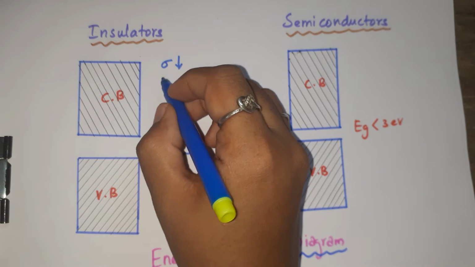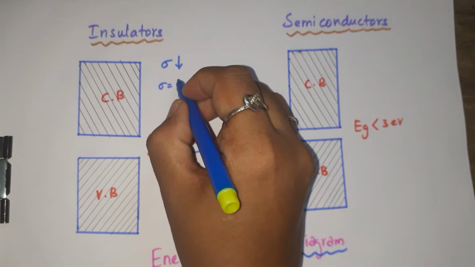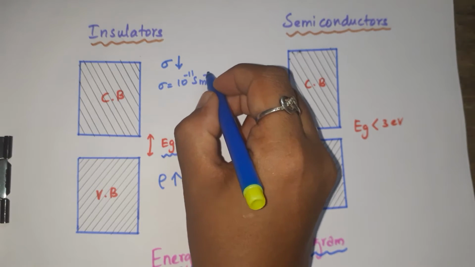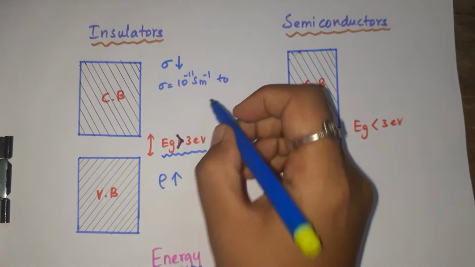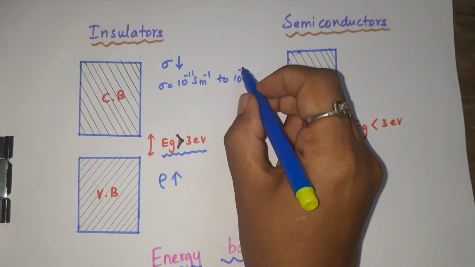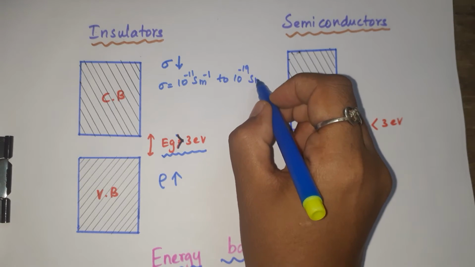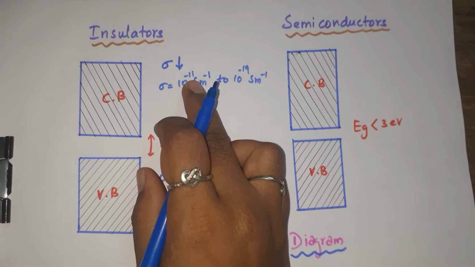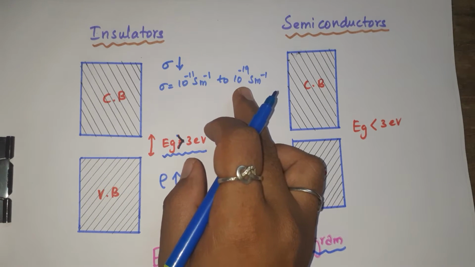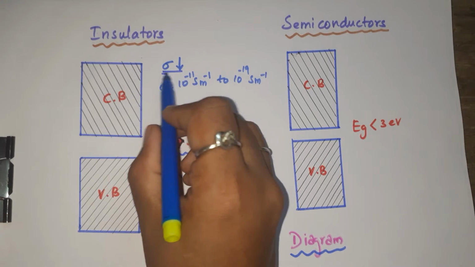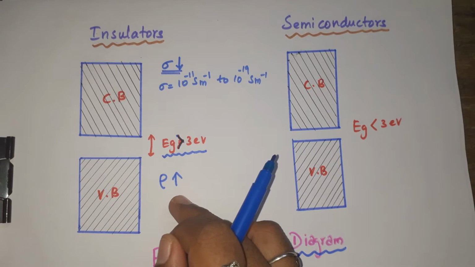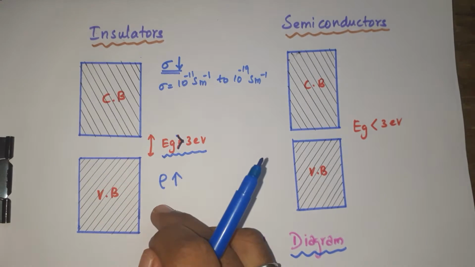So what is the value? Sigma is equal to 10 power minus 11 Siemens per meter, that is Siemens meter inverse, to 10 power minus 19 Siemens meter inverse, because conductivity is very less. And what about the resistivity? If conductivity is very less, resistivity will be very high.